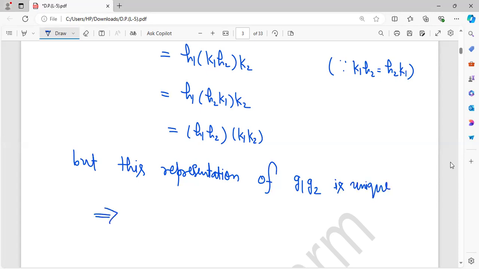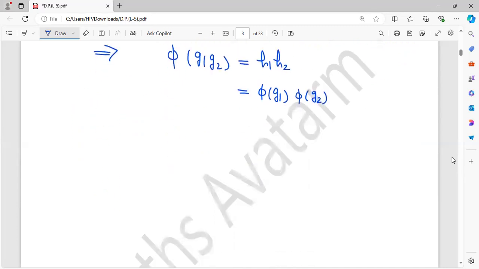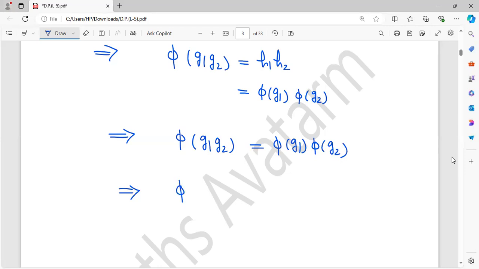So this implies phi of g1 g2 is equal to h1 h2. But h1 is phi of g1, h2 is phi of g2. So this implies phi of g1 g2 is equal to phi of g1 phi of g2. So phi is a homomorphism.